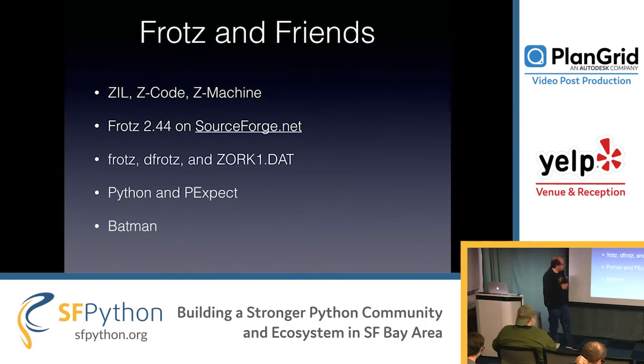So let's start talking about Python and Pexpect. Pexpect is a library that pulls into Python almost a different language. It is, at its root, a way to spawn off external programs and then take control of their input and output.